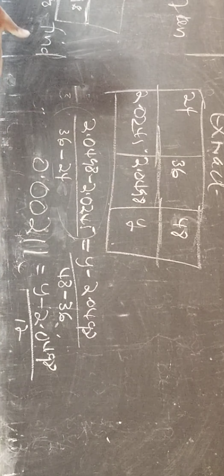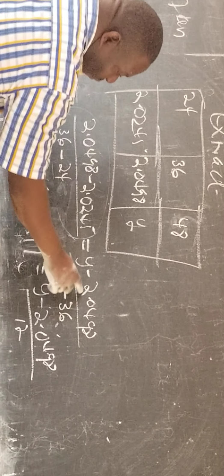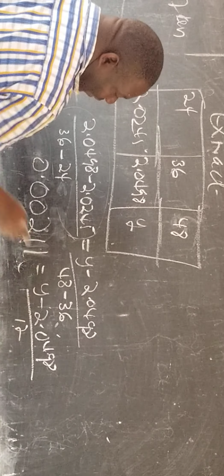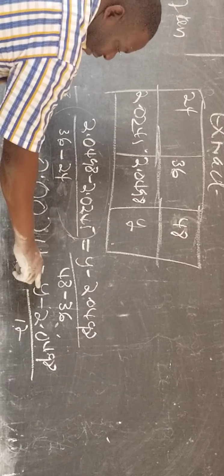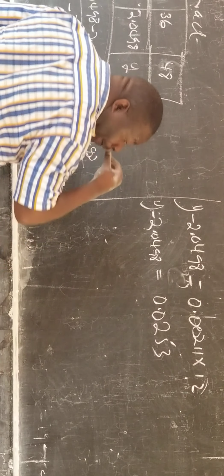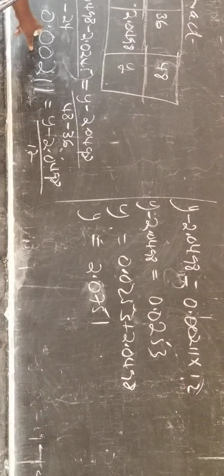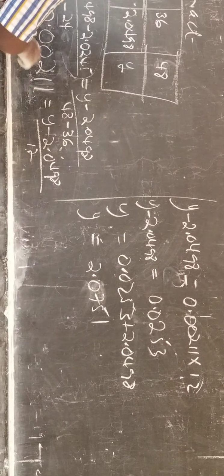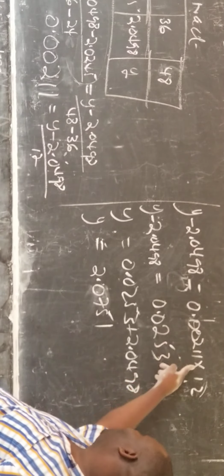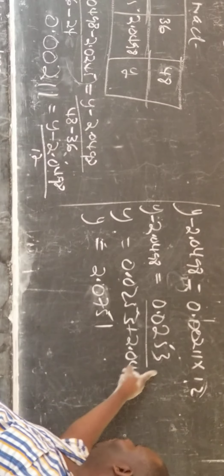It is giving us 0.00211. Maximize the number of decimal places for accuracy purposes. So on this side we have y minus 2.0498 over 12. When we cross multiply, since we're interested in getting y minus 2.0498, we have 0.00211 times 12, which comes up to 0.0253 when we multiply these two.